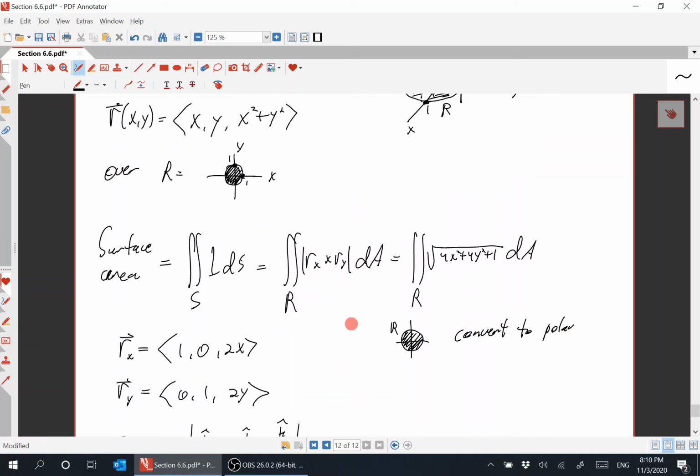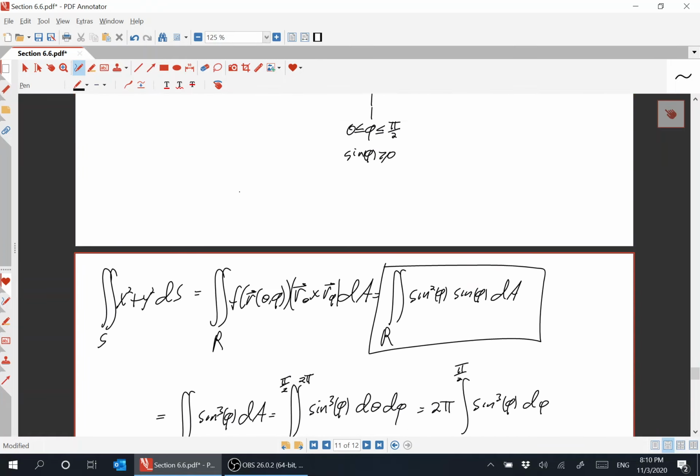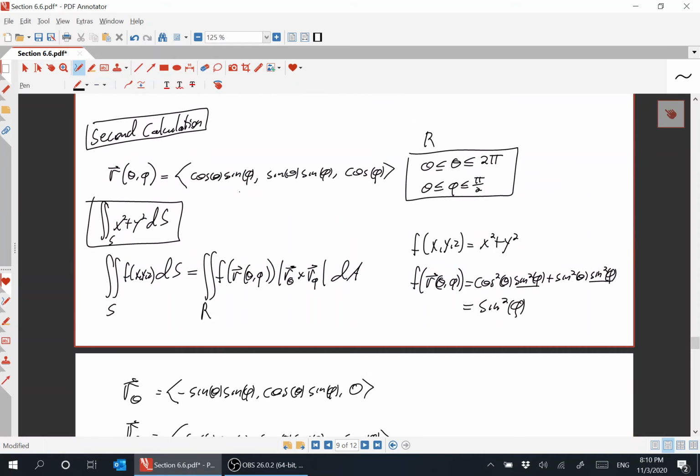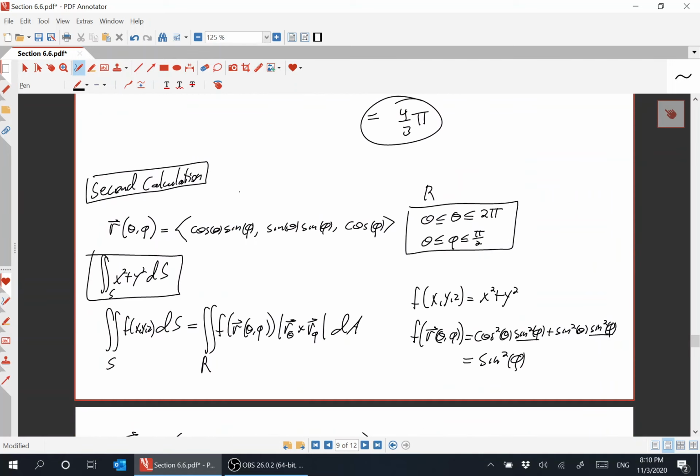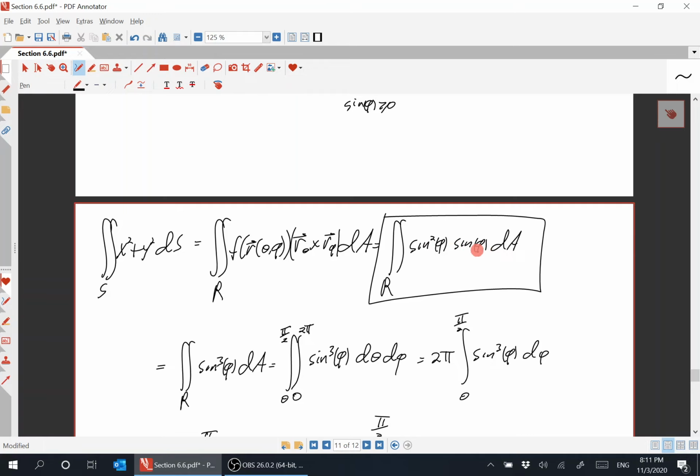Everything was set up in terms of variables x and y, so what I'm left with here is an integral in terms of x and y. In the previous example, I did the setup in terms of theta and phi, and what I'm left with is an integral in terms of theta and phi.